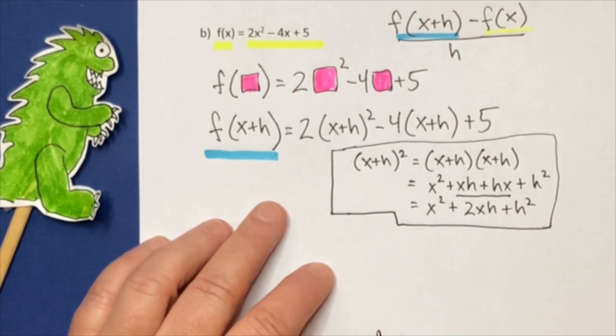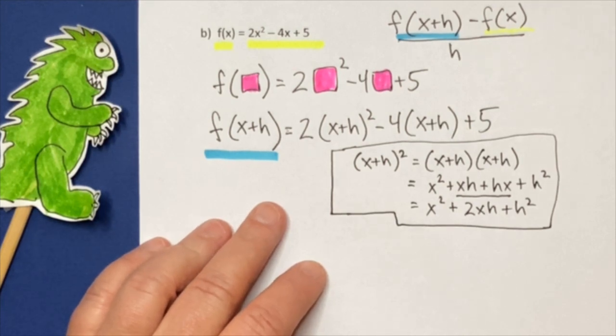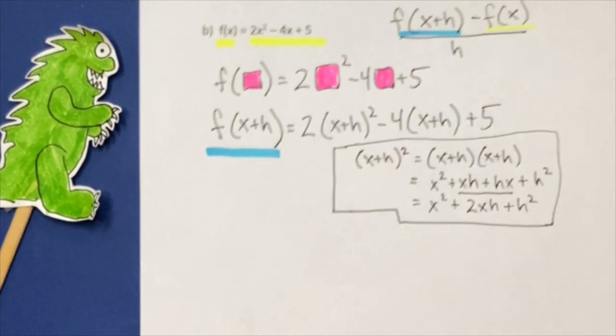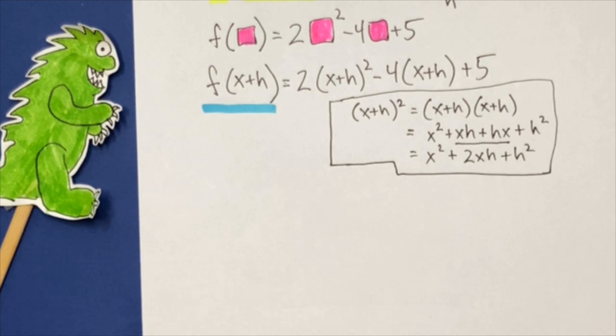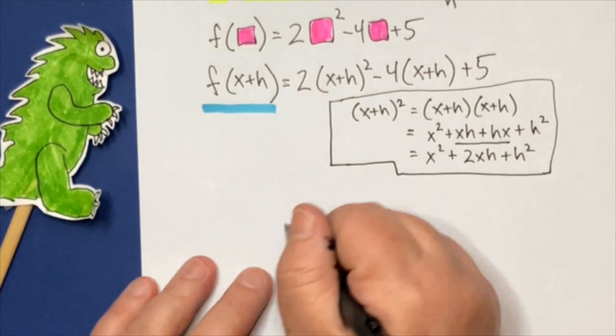And I know at this point, a lot of folks are like, oh my goodness, there are so many moving parts. And I know these are like the most complicated pancakes ever, but just imagine they're going to taste so good when you get it, or something like that. Okay, so back to f of x plus h.